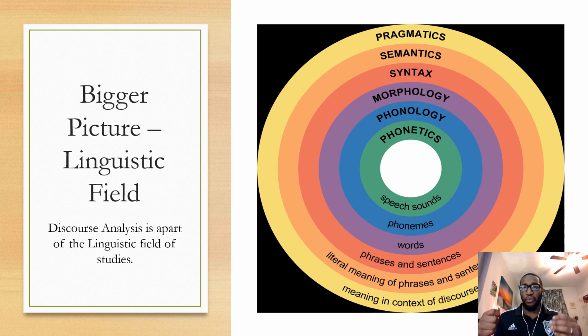Once you get into the sentence level, you have to start to think about what a sentence means, and what it is actually saying when you put that sentence together. But then bigger than that is pragmatics. In the big picture, in the context of discourse, what are you trying to say? And that is what discourse analysis focuses on.